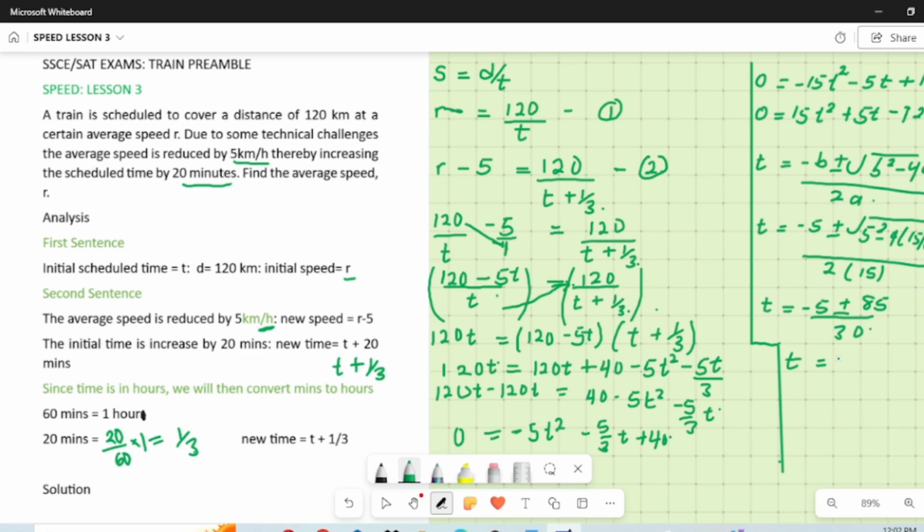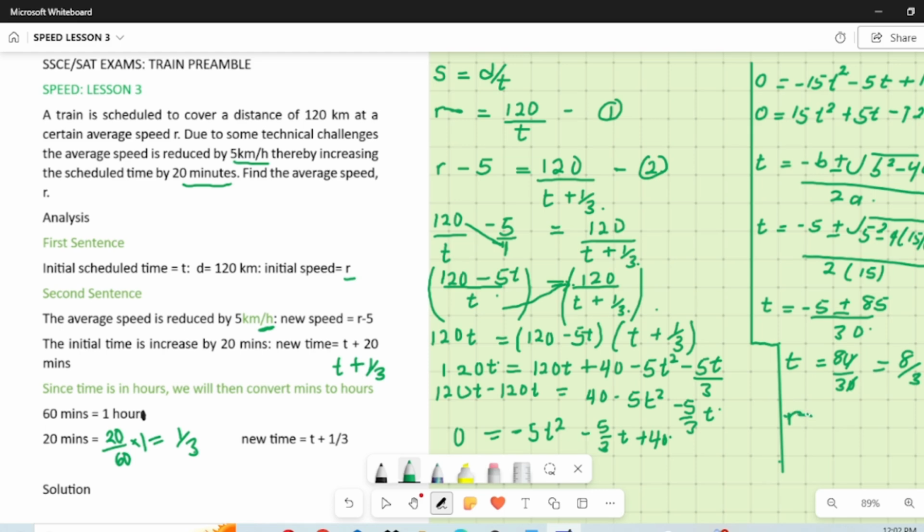So we would have minus 5 plus 85 is 80. So you have 80 divided by 30, and our time is 8 over 3.